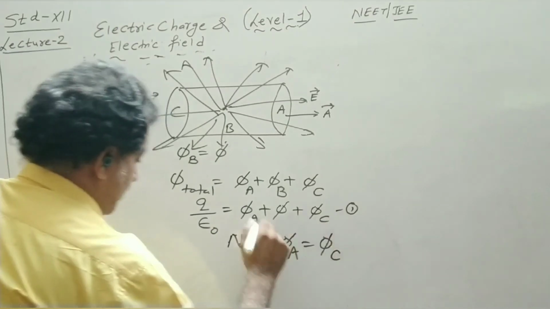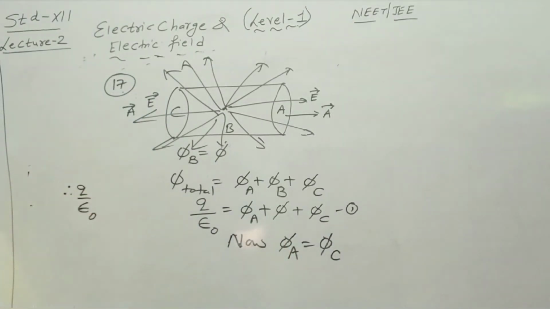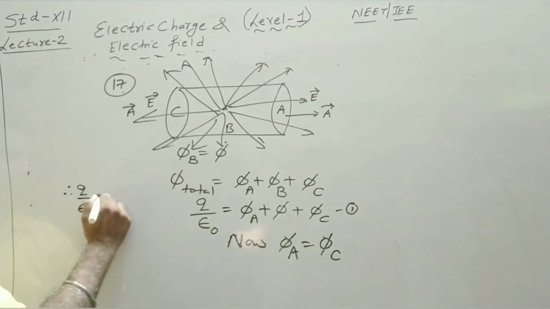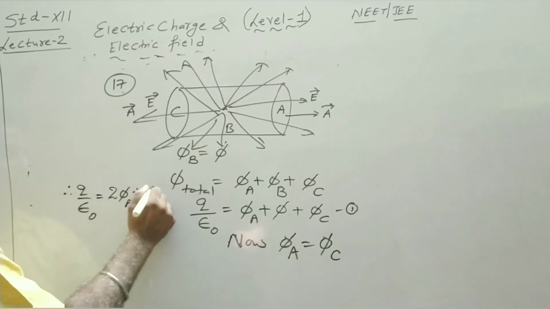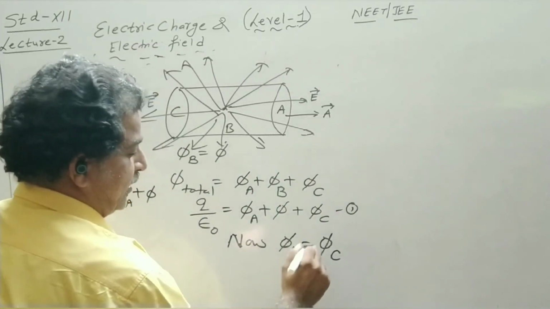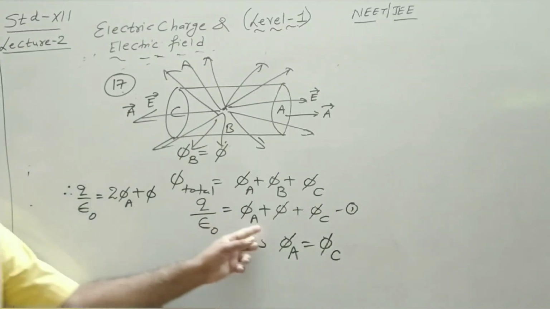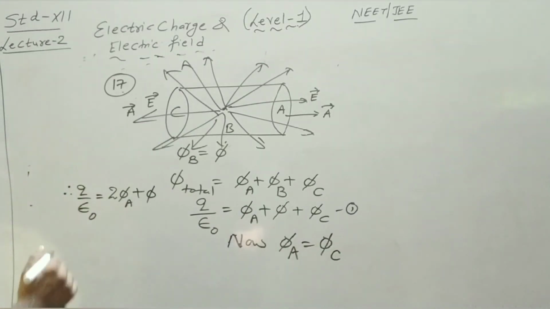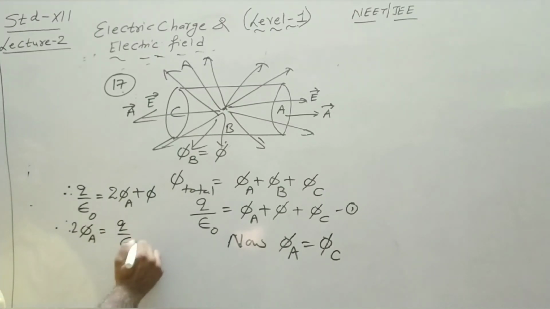So this becomes double, therefore Q upon epsilon naught is equal to 2 phi A plus phi. So we assume phi A is equal to phi C. So phi A is written twice because phi A is equal to phi C. And therefore twice phi A is equal to Q by epsilon naught minus phi.